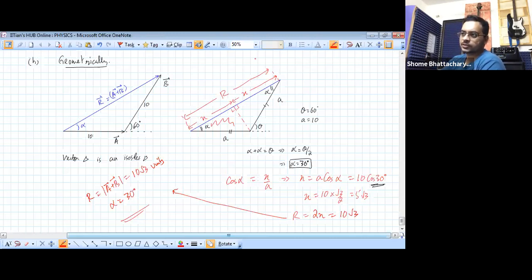So you can use the formula. But sometimes if you look at the values and visualize the triangle, you can see that there is a more elegant solution to it, a more pleasing kind of solution, because there is some symmetry or some geometrical trick that you can use. So okay, people, so hope this is clear.